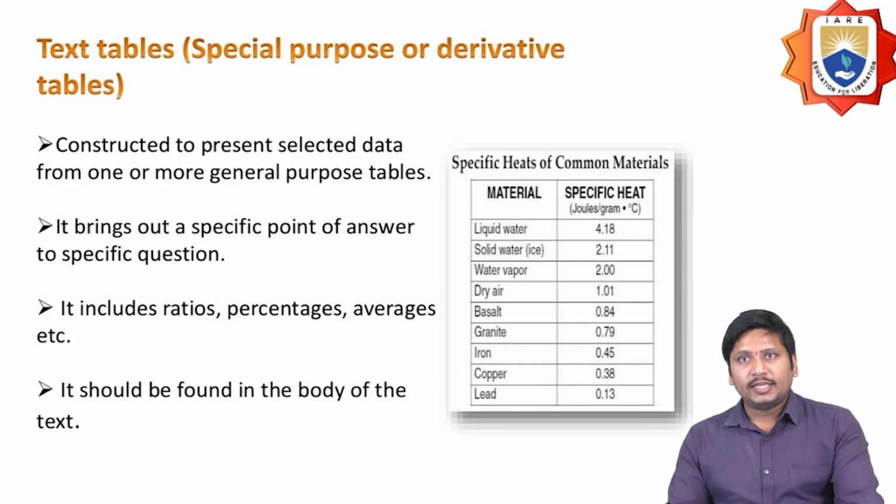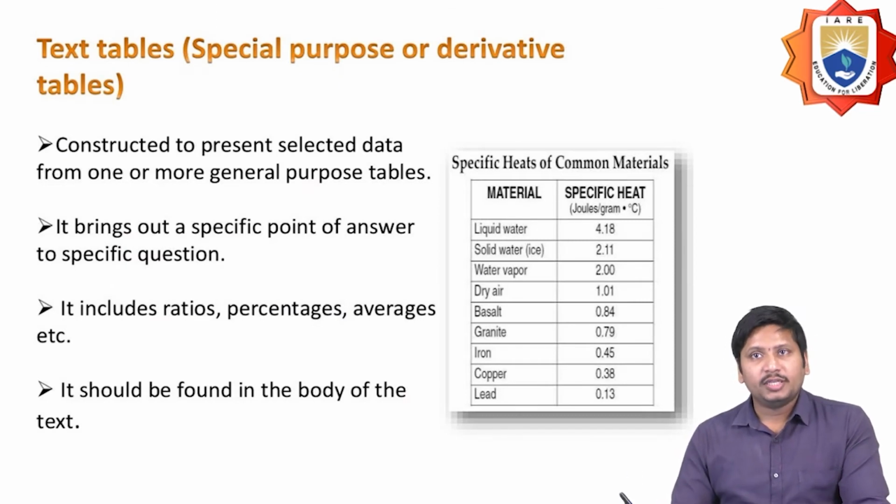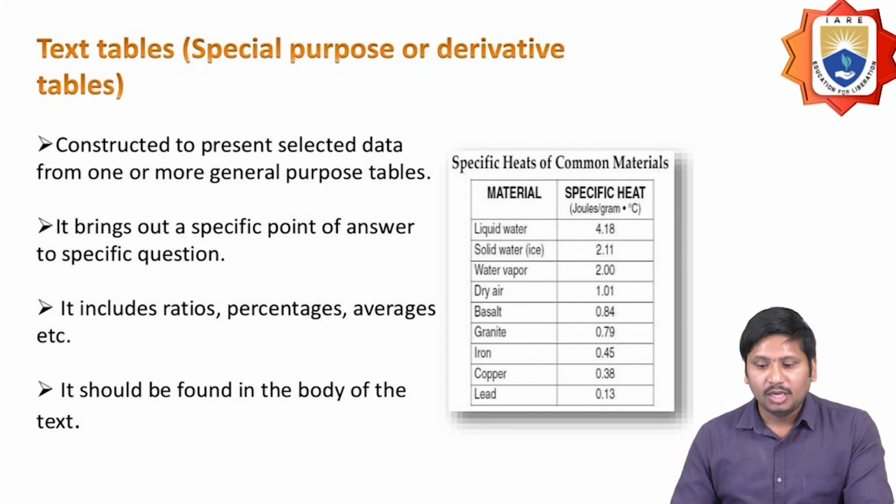Next one is, what is a text table? A text table is a special purpose or derivative table. These tables are constructed by presenting selected data from one or more general purpose tables.